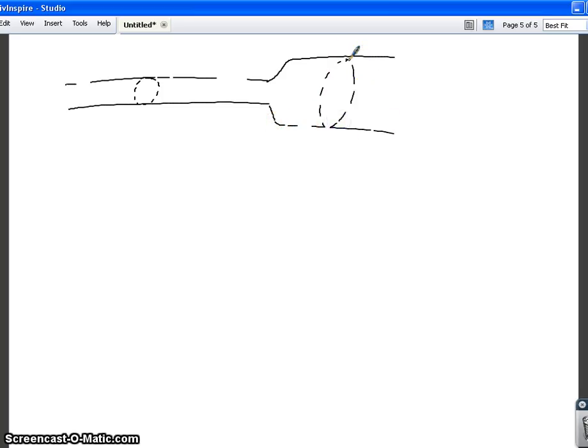And most of the time, the question is not going to give you the area. The question is either going to give you the diameter of this, or it's going to give you the radius of this. Okay, so it's either going to give you the diameter, capital D, or the radius. And because you are given the diameter or the radius, you have to solve for area. And so the area of this section right here is pi r squared.